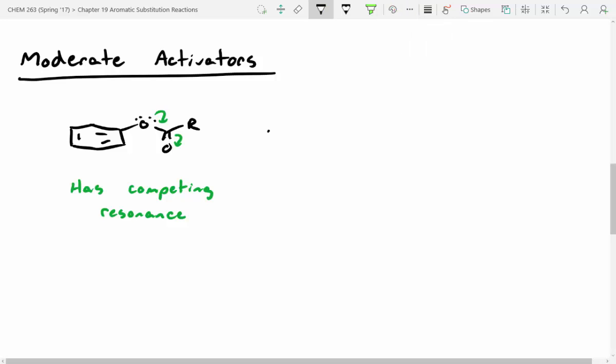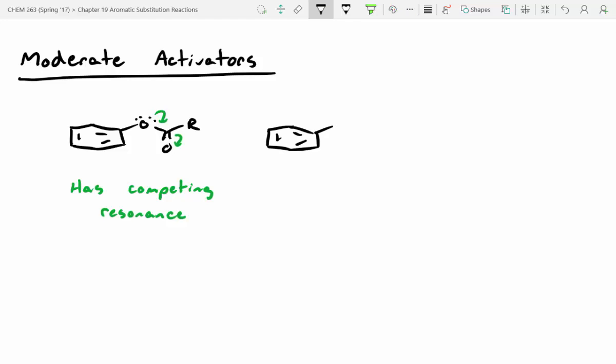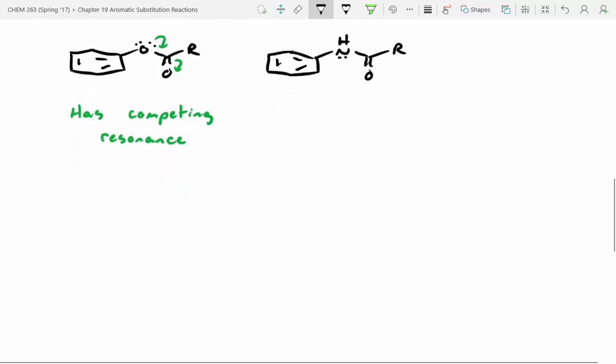You could have things like amides that fall in the same sort of class, where this lone pair coming off that nitrogen could go either way. It's moderate. There are a lot of these. So anytime you have a lone pair that has competing resonance, think of it as a moderate activator. One last one, and then we're done.